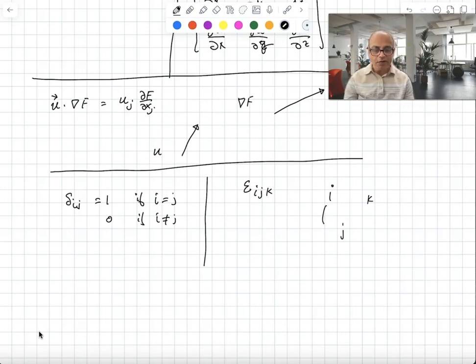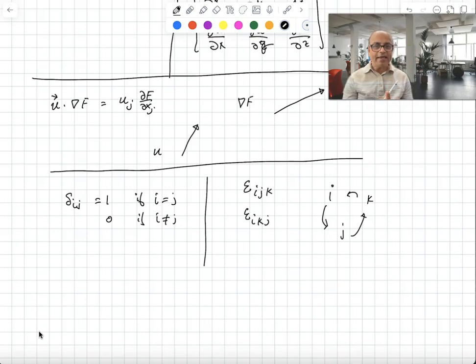If I go from i to j, j to k, and k to i, that is against the clock, so I'll say counterclockwise. So epsilon_ijk will always be counterclockwise. If I switch the order, so instead of ijk I say ikj, let's write that here, epsilon_ikj, what happens? This is something we know the value of.